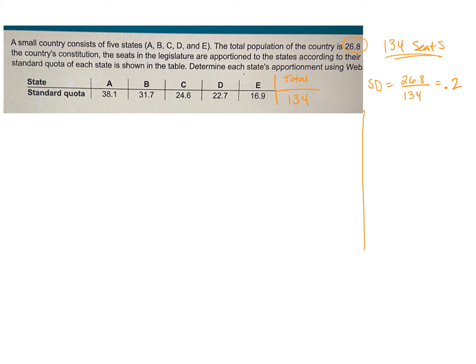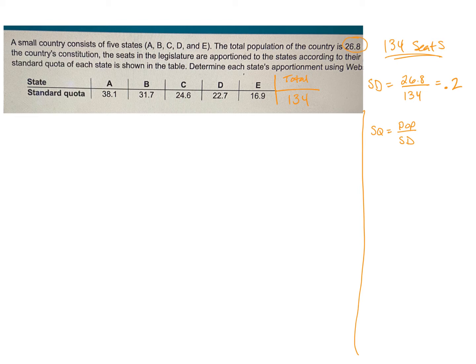So I'm doing all my little scratch work over on the side. And from here, I can calculate the population of each state. Generally I calculate standard quotas by doing the population divided by the standard divisor. But I already know the standard quota, and I don't know the population.